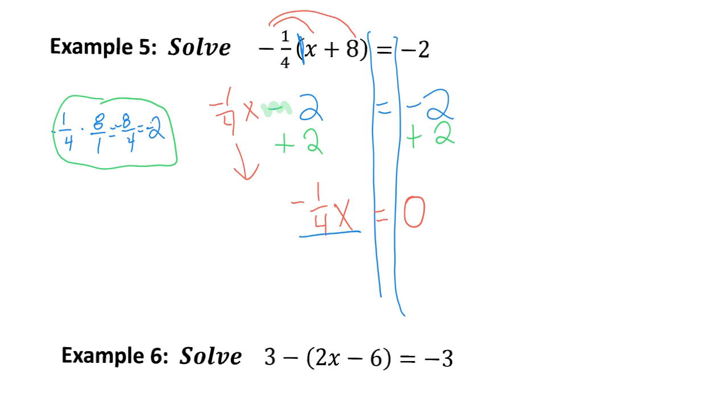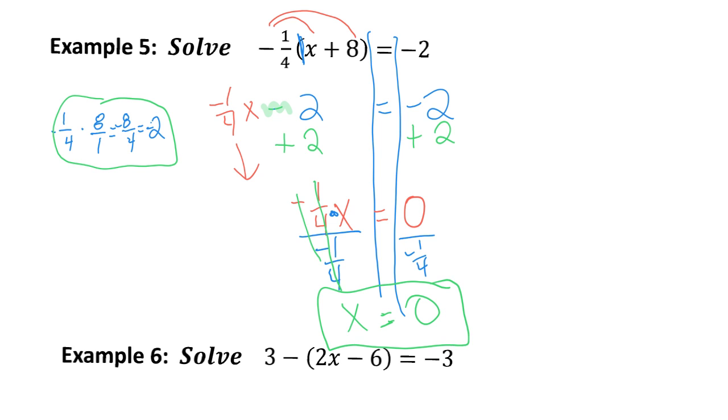Now I'm going to divide, because remember there's multiplication here, by -1/4. 0 divided by anything is just simply 0. Now you may be thinking, should it be a -0? 0 is neither negative or positive. It's right in the middle, so it doesn't take on that negative sign. So this is our answer.